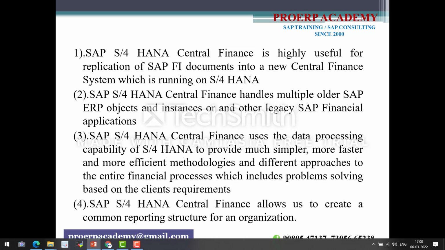The second important point is that SAP S/4HANA Central Finance handles multiple older SAP ERP objects and instances and other legacy financial applications.